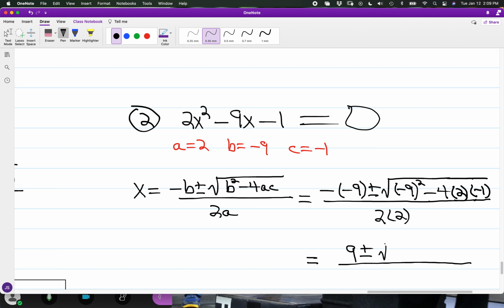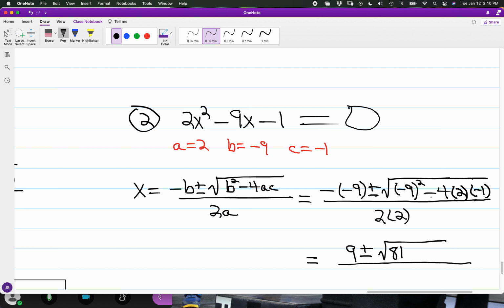And we have plus or minus the square root of the square of negative 9. Again, if you're using a calculator, do not forget to put your negative values in parentheses. Negative 9 times negative 9 is a positive 81. Now the minus 4ac part, you have to be careful with.